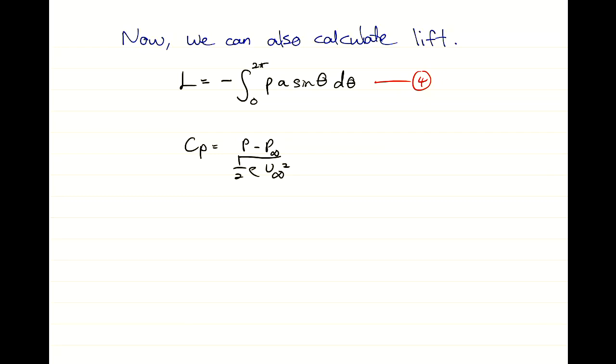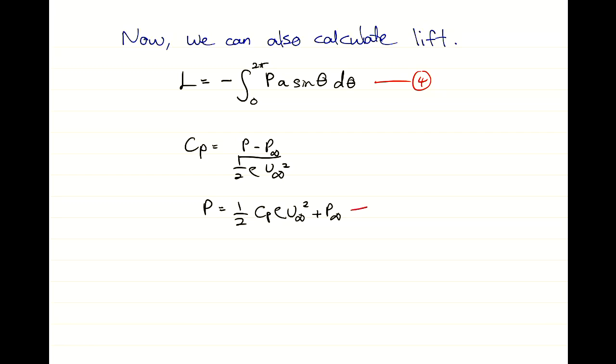Sorry, let me just be consistent and use capital P. So from my Cp equation, I can rewrite it to find my pressure P, which is just half Cp rho u infinity squared plus P infinity.